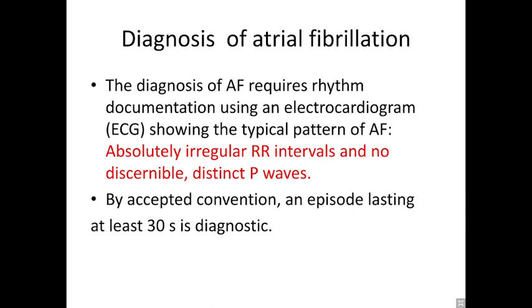By accepted convention, an episode lasting at least 30 seconds is diagnostic. Because sometimes episode may be less than 30 seconds, especially in Holter monitor, and it's very difficult to differentiate between atrial fibrillation and atrial tachycardia, for example.